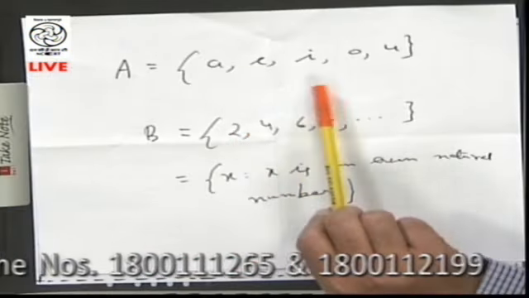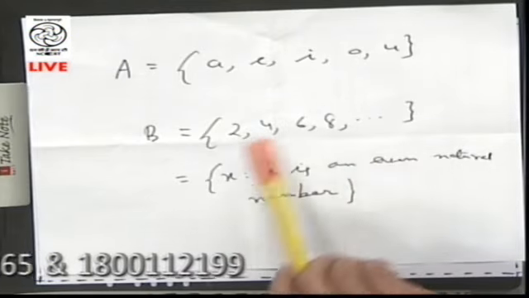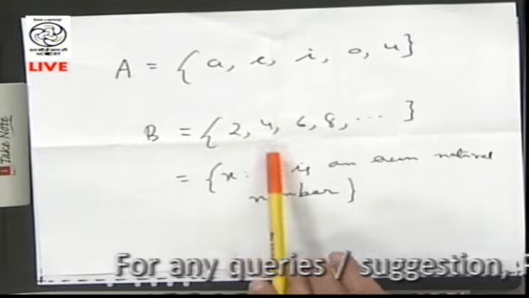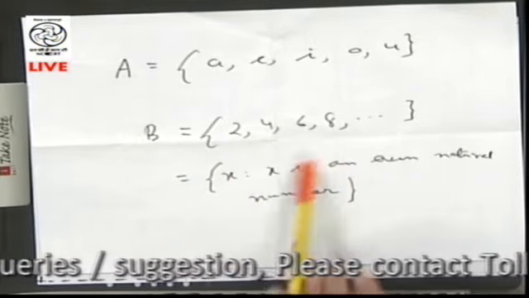Now we are going to talk about finite and infinite sets. Let us take a set A: a, e, i, o, u. Here we have a limited number of elements. For B we have 2, 4, 6, 8, and this we can extend as far as we want.